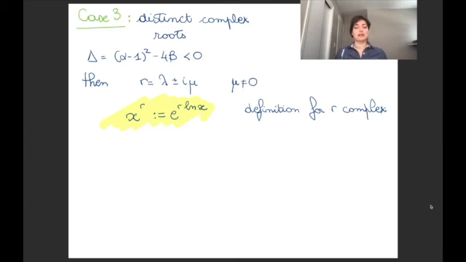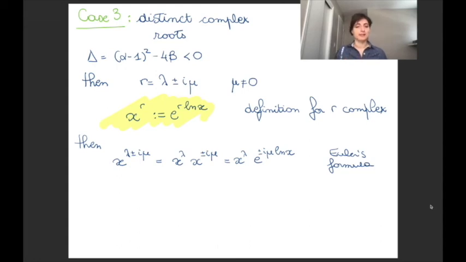As we did in the case of r not rational, we defined x to the power r as exponential of r times logarithm of x. And this is the definition when r is complex. I would like you to look into that and convince yourself that it still satisfies the derivatives that we are expecting.